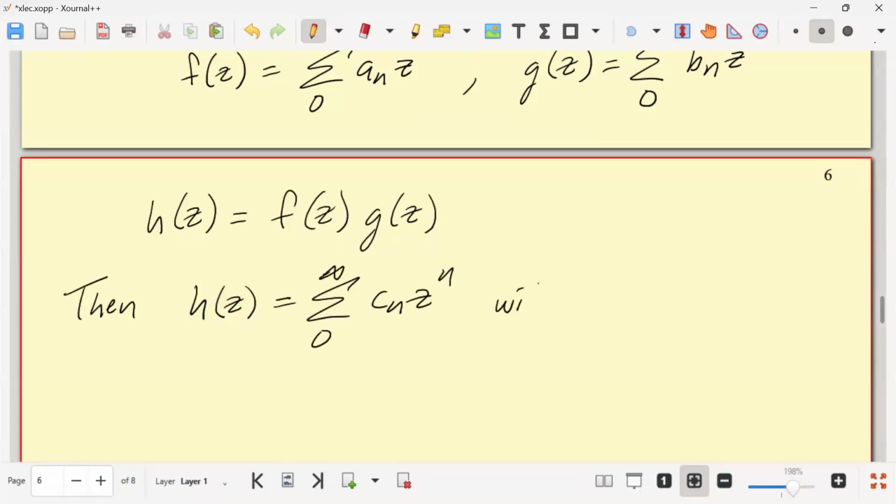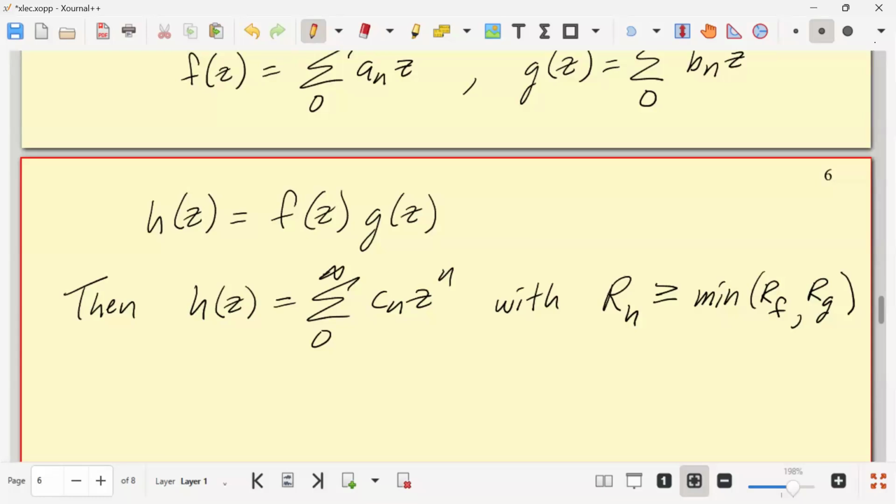And the radius of convergence of h is greater than or equal to the minimum of the radius of convergence for the f power series and the radius of convergence for the g power series. A miracle can happen and it could be much greater, but it's guaranteed to be greater than or equal to the minimum of those two.